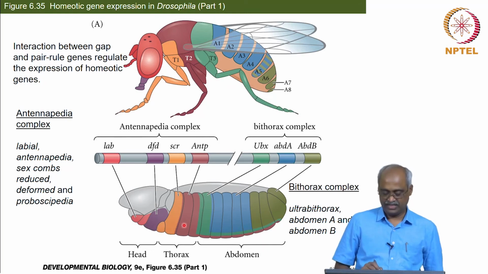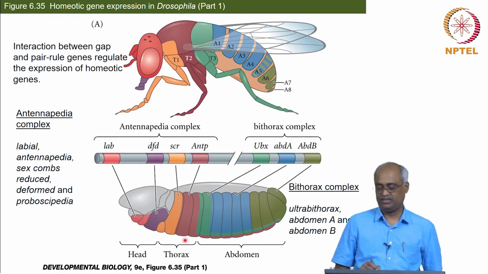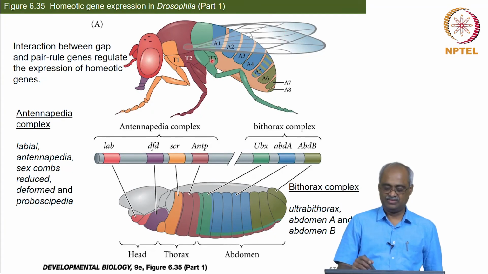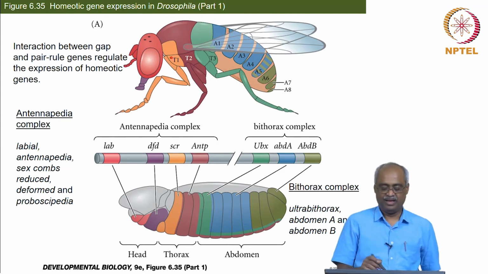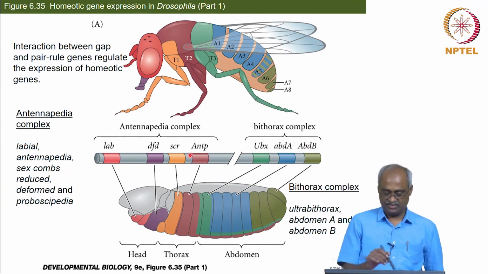The second one also makes a pair of legs, but in addition it makes a pair of wings, as you see here. And the third one makes another pair of legs. So, essentially all three make a pair of legs each, and the concentrations of the factors are such that T2 makes wings, but not the adjacent ones.